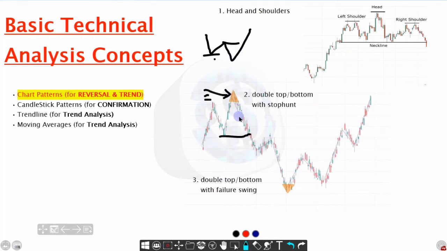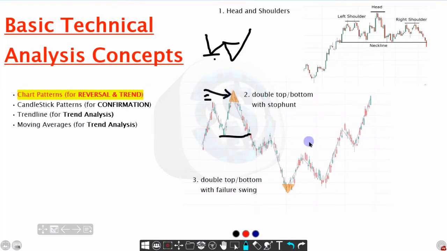So when it breaks through that neckline, then we can say the double top reversal is confirmed, and we can choose to look for sell trades. If you've not taken it right here, if you've not taken it at that high right there.